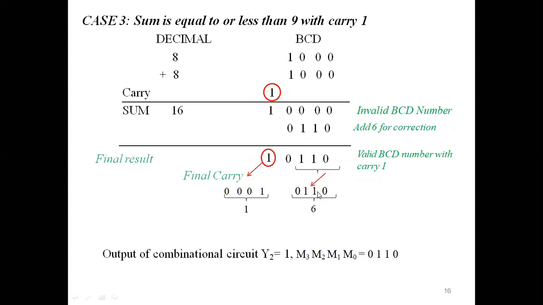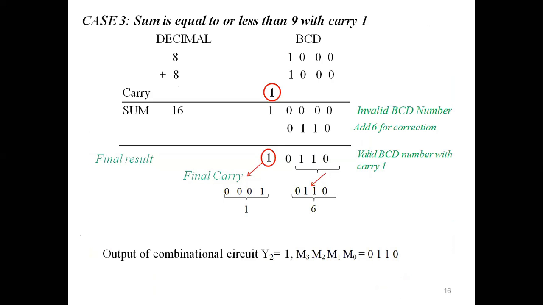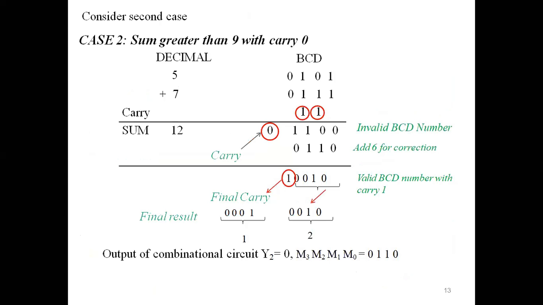Is it clear? See another example with plus 6. Here 1 1 0 0 and 0 1 1 0.